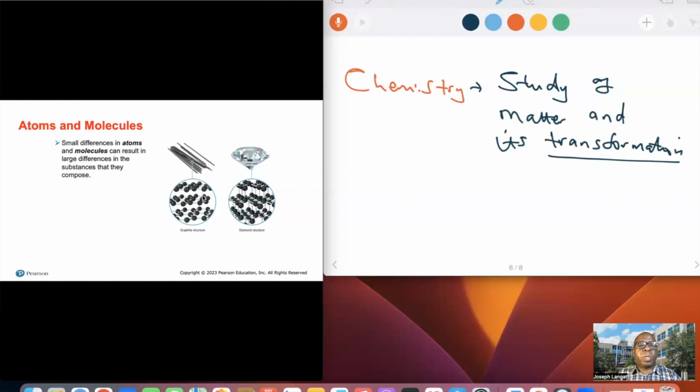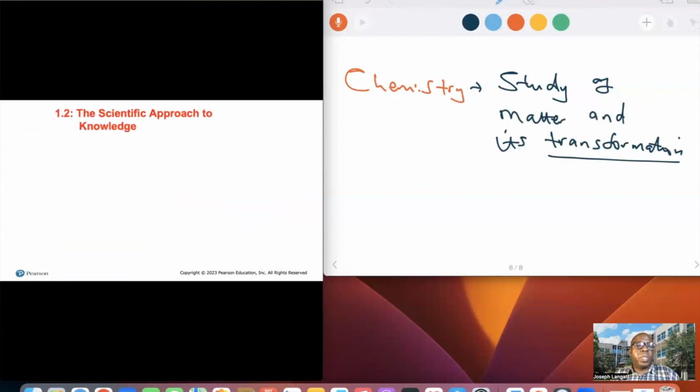So if you look at these two, the way they are arranged affects the chemical and physical properties, even though they have the same type of atoms. Graphite and diamond are both made up of carbon, the element on the periodic table. It just illustrates the difference between them.